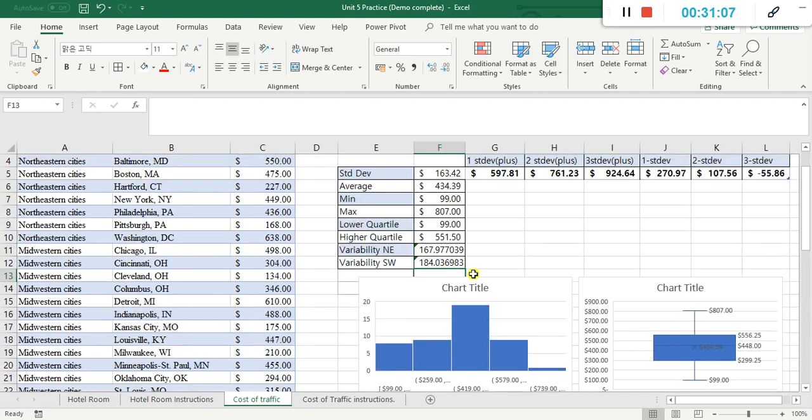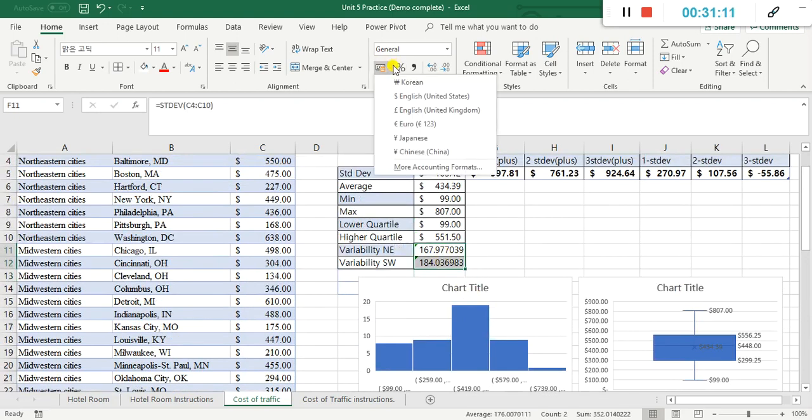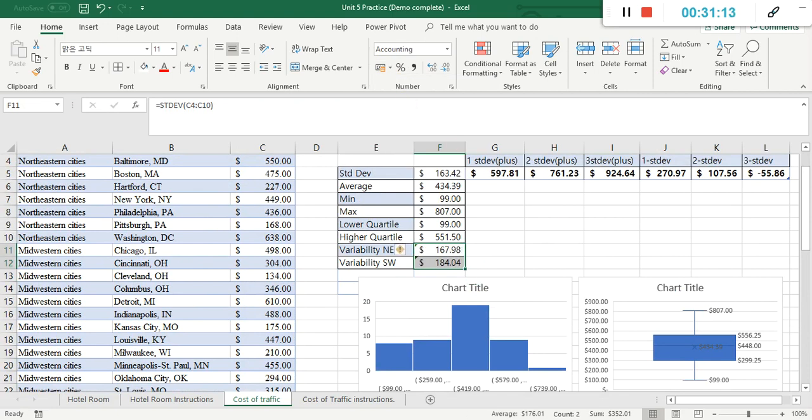Okay, so now in this case, let's put them both in the same format. So we have in this one the southwestern cities has higher variability. This is when we start to apply the principles of qualitative and quantitative analysis.